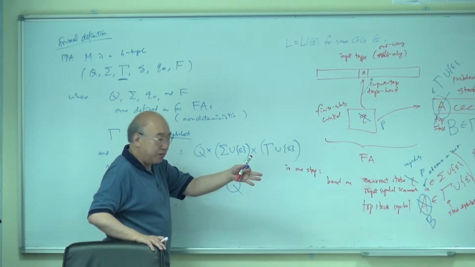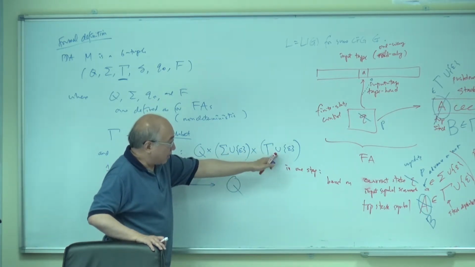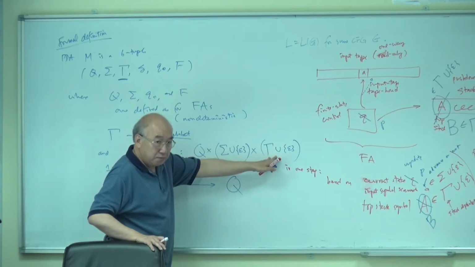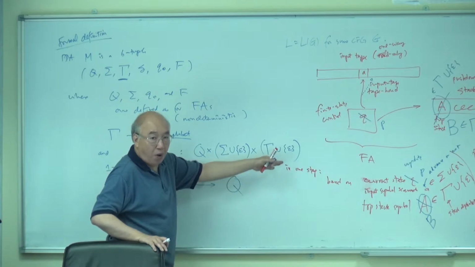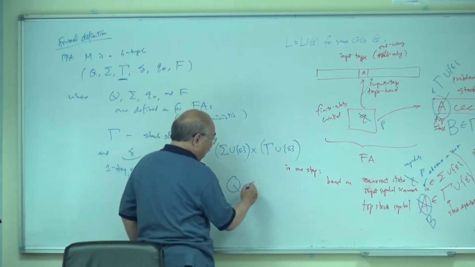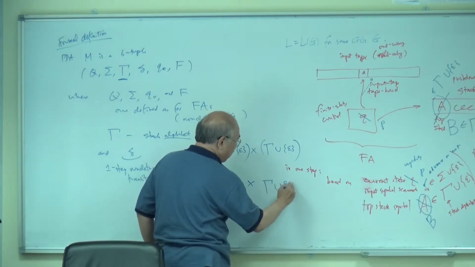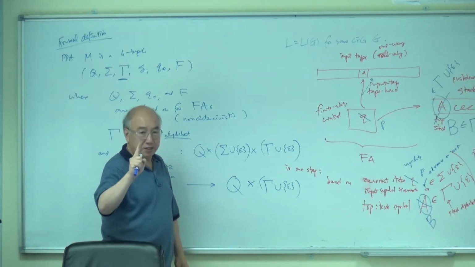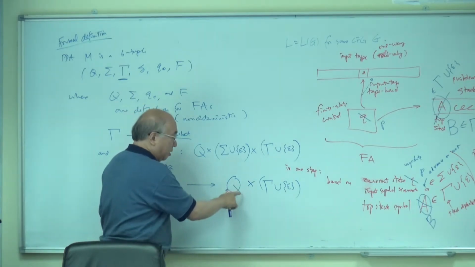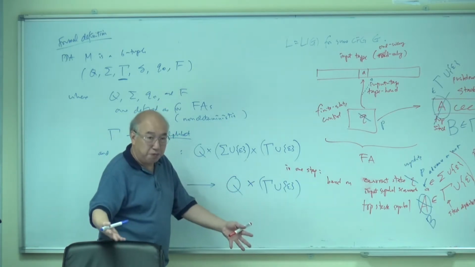We either advance the read head or we stay. But as I said, the top stack may be replaced by generally another symbol or epsilon. So the outcome is going to be gamma union this possibility. However, this will only give us one choice, right? Because this is one combination.